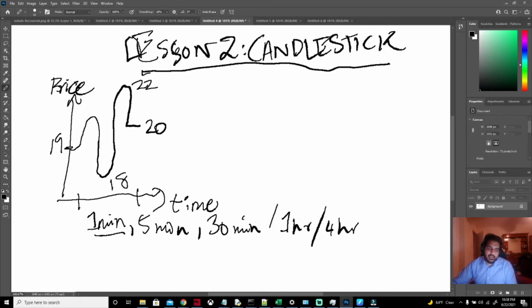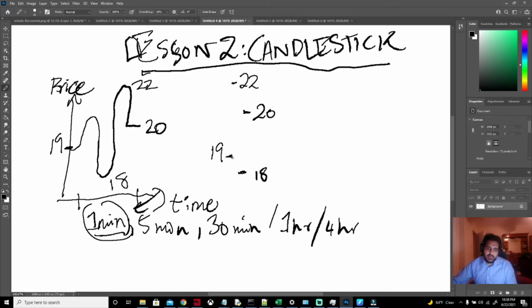So the candlestick is a representation of whatever time frame it be, the lowest scale of that time frame, as a form of its opening, being the 19, its closing, which is the 20, the high, which is 22, and the low, which is 18.